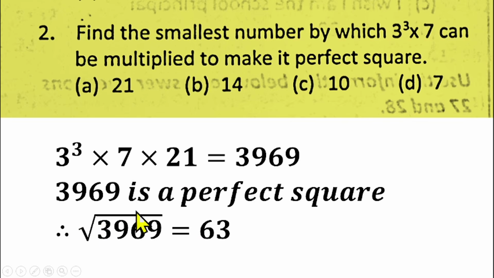And if you find the square root of it, that will give us 63. If you multiply this number given by 14 or by 10 or by 7, the result you are going to get is not going to be a perfect square. So 21 is the right answer for question number 2.